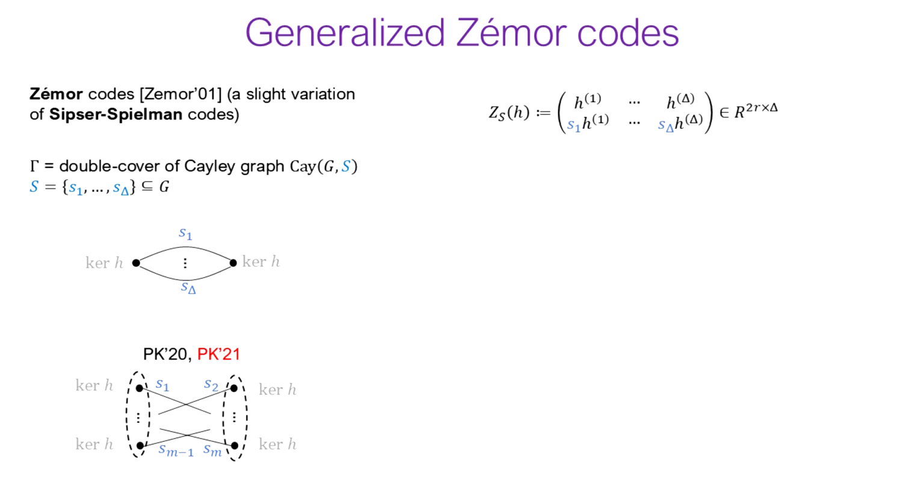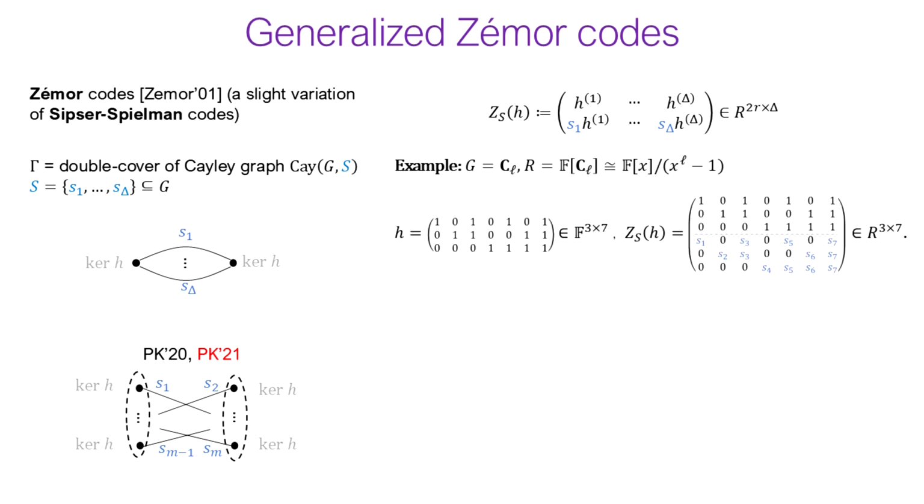Here I show you the parity check matrices of Zemor codes. They are interesting for us because their parity check matrices can be represented as matrices over a ring, which will be very important in our constructions that I will describe later. Here is an example.